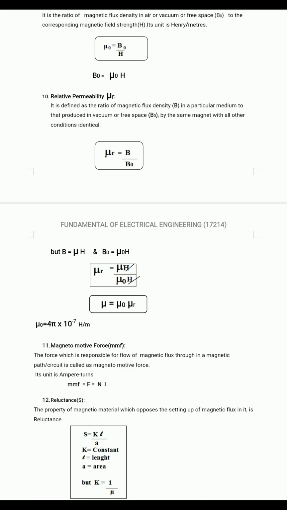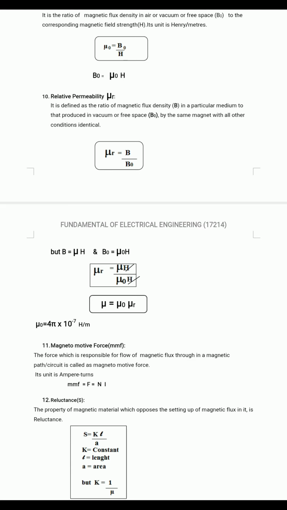So what is the next definition? Reluctance. Reluctance is denoted by capital S. So what does this mean? Reluctance is the property of magnetic material which opposes the setting up of magnetic flux in it. Do you remember that point we studied in the very first chapter?